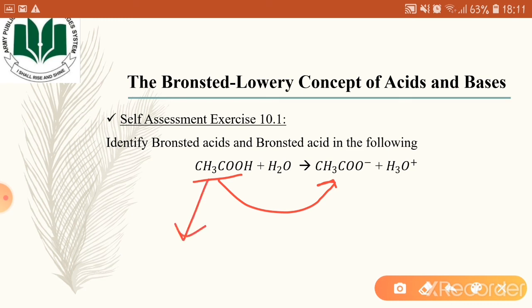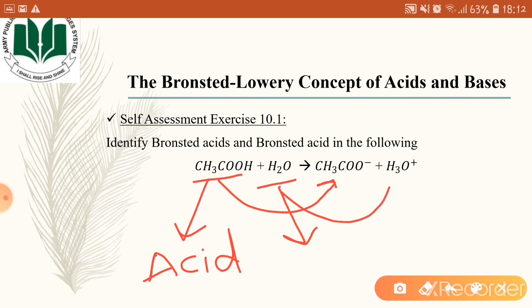So this substance will be referred to as a Bronsted-Lowry acid. Here the water molecule accepted the proton from acetic acid and has been converted into hydronium ion, the positively charged species. So we will consider it a Lowry-Bronsted base.